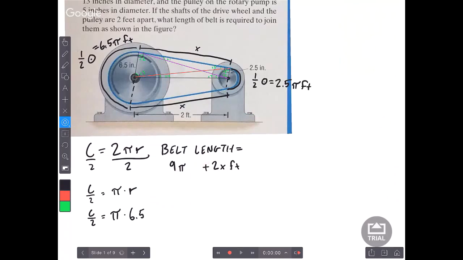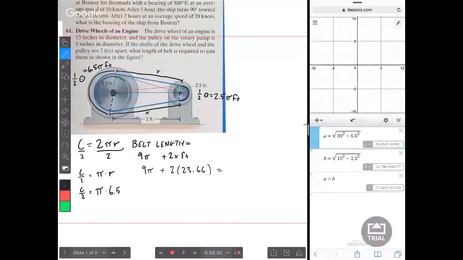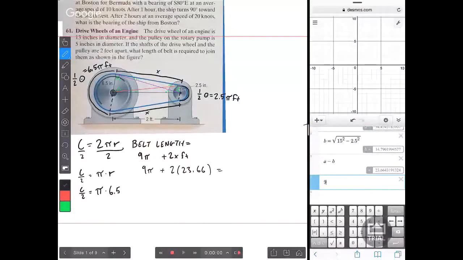So now we're taking x from this page of 23.66 and we're saying 9 pi plus 2 times 23.66 equals 9 pi plus 2 times 23.66, 75.59 feet.